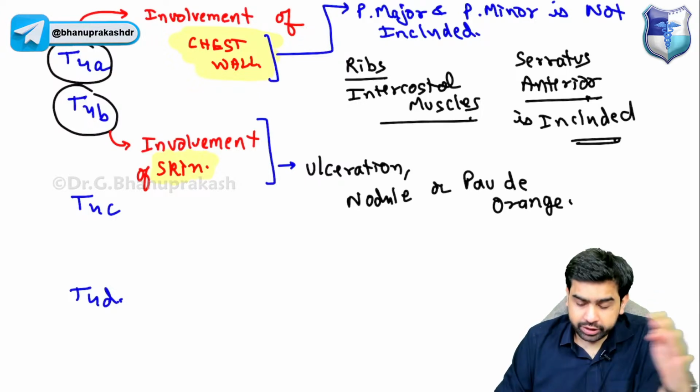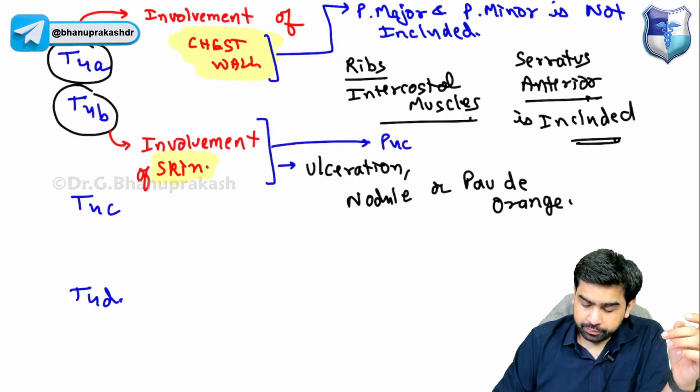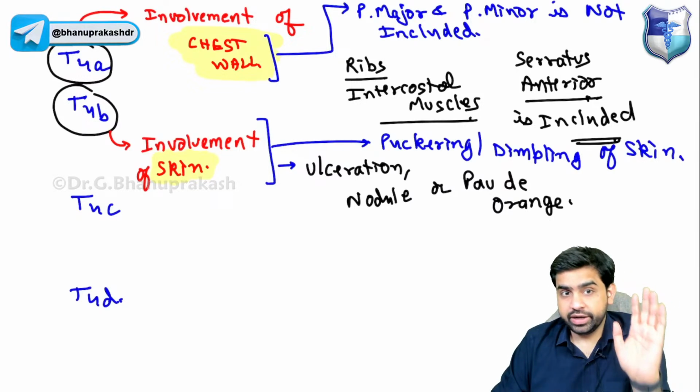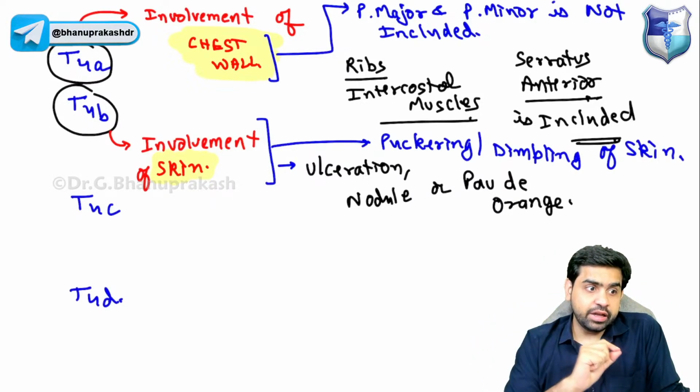Now, what is not included here? If the question says there is puckering or dimpling of the skin, this is not included in the involvement of the skin. Puckering and dimpling of the skin, that is not included.